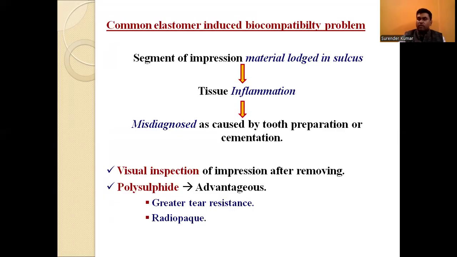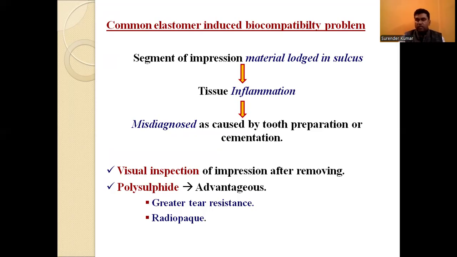A segment of the impression material lodged in a sulcus will lead to tissue inflammation, which might be misdiagnosed as caused by a tooth preparation or cementation. Therefore, visual inspection of the impression after removing it from the mouth is very, very important.